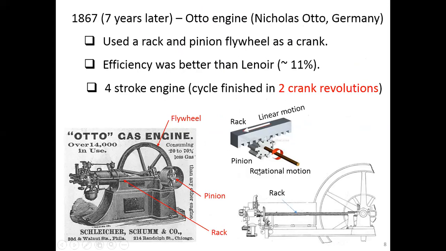This shows you the mechanism of the rack and pinion. This is called the pinion and this is called the rack. The pinion rotates, so it has a rotational motion, while the rack moves in a linear direction, so it has a linear motion. So the Otto engine uses a rack and pinion flywheel as a crank.